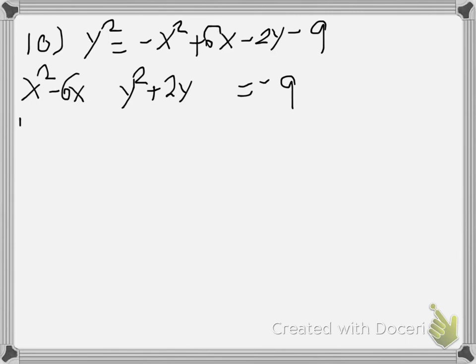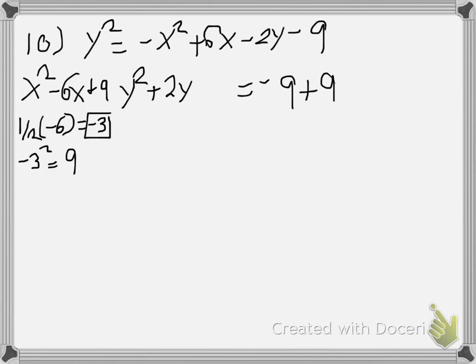Alright, so again, 1/2 times negative 6. Remember, it's 2 steps. That's negative 3. That's what I'm going to box. And then negative 3 squared is positive 9. So I'm going to add 9. And I have to add it on both sides.